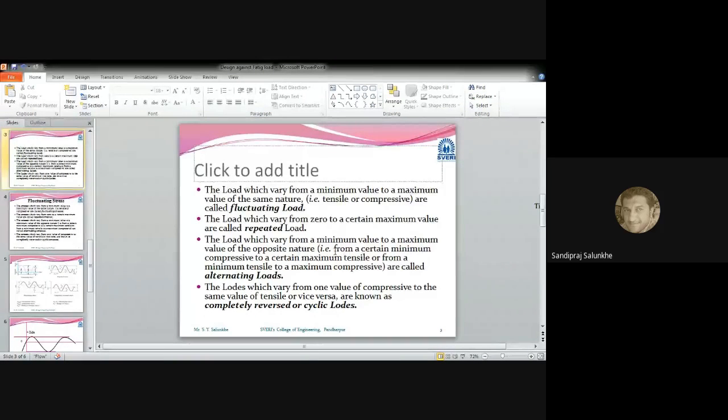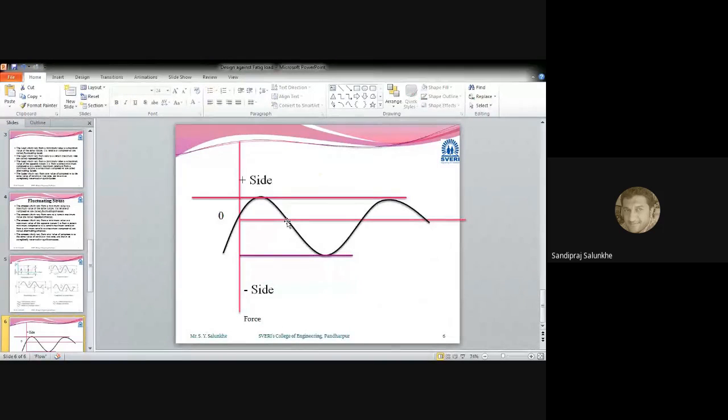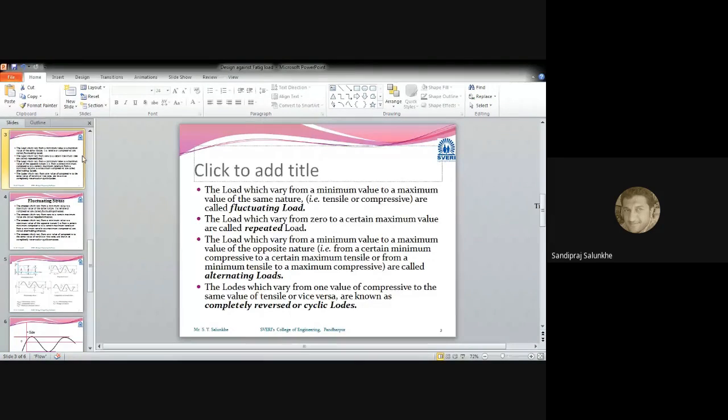That is, from a certain minimum compressive to a certain maximum tensile, or from minimum tensile to maximum compressive, are called alternating loads. Just now we have seen the example of this alternating load, that is varying from the tensile side to the compressive side.